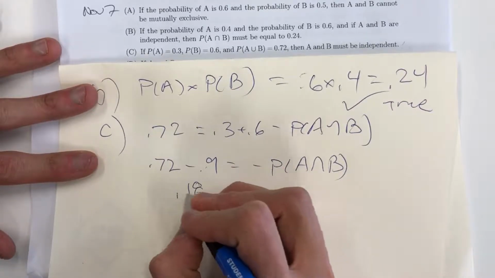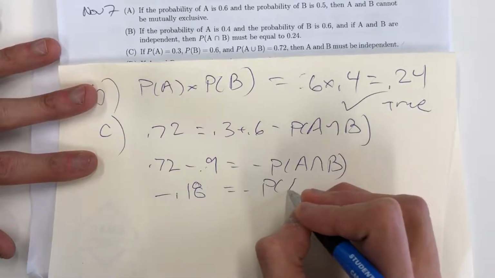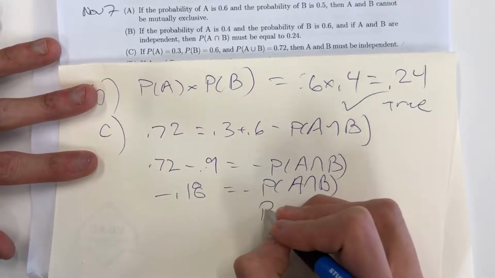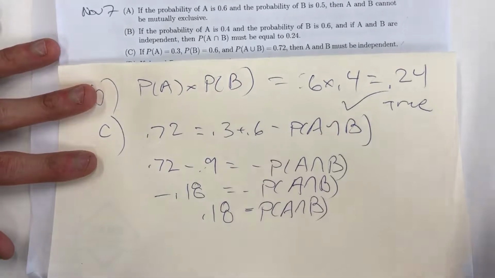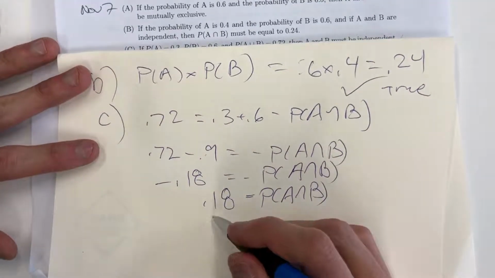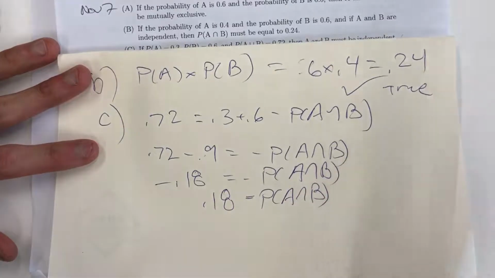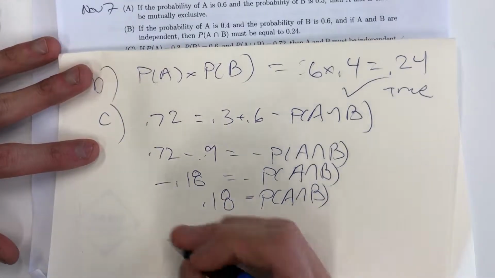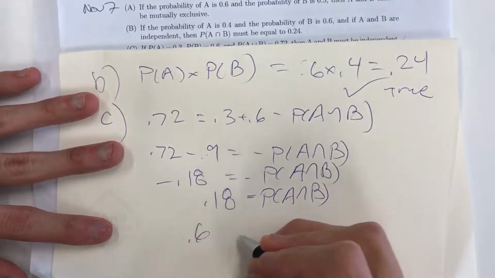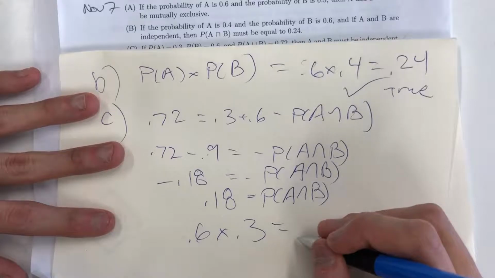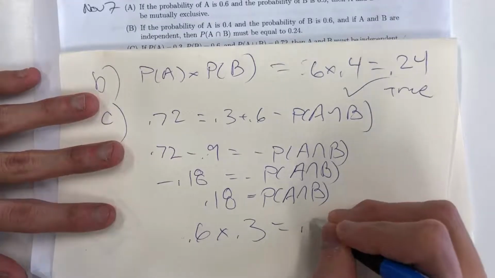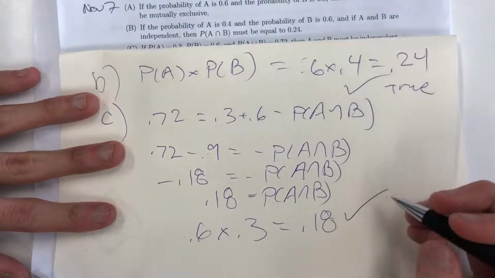So negative 0.18 is equal to negative P(A and B). P(A and B) is equal to 0.18. So let's see whether or not 0.3 multiplied by 0.6 equals 0.18. 6 times 3 is equal to 18. If we just have one decimal point, it will be 0.18. So this is indeed true.